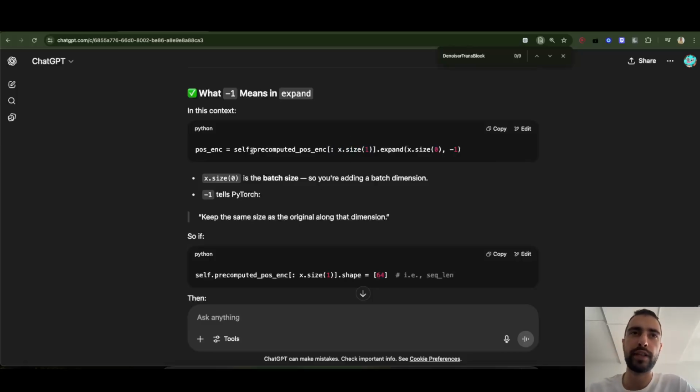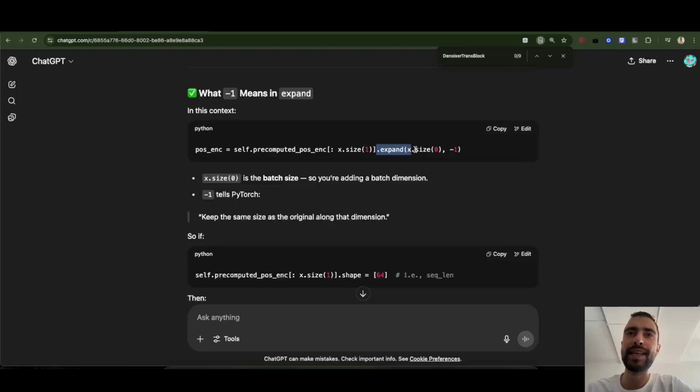We take this entire vector, because the sequence length is going to be equal to the size of this vector. But even if this vector is longer, we will just take the number corresponding to the sequence length of x, because we don't need any more of the positional embeddings.